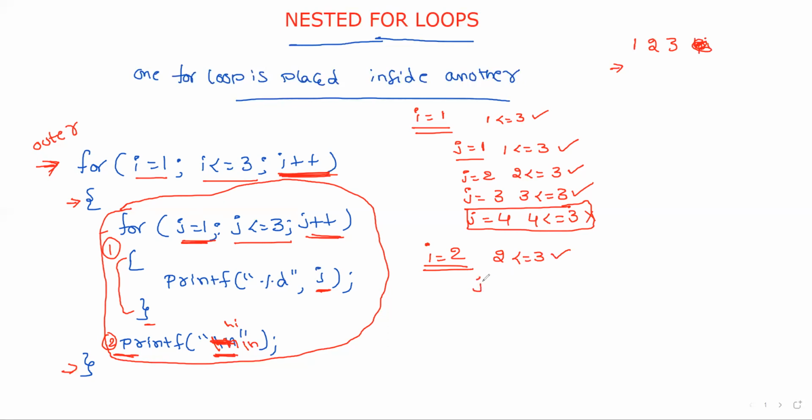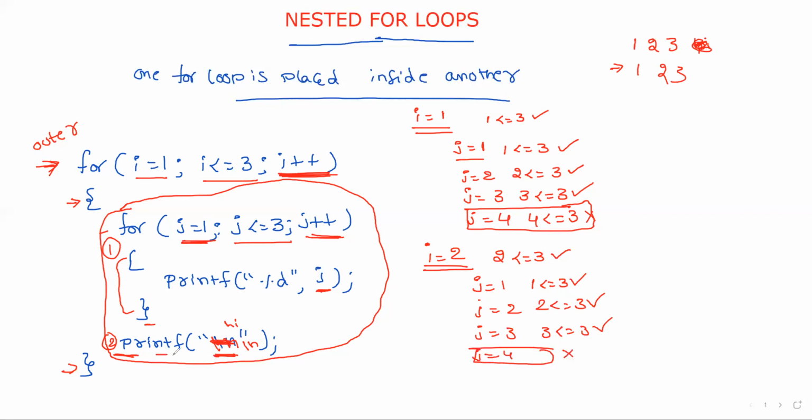So initialization j = 1, 1 <= 3, so 1 is printed. Next, j = 2, 2 <= 3, 2 is printed. j = 3, 3 <= 3, 3 is printed. Now, once j = 4, the condition fails.